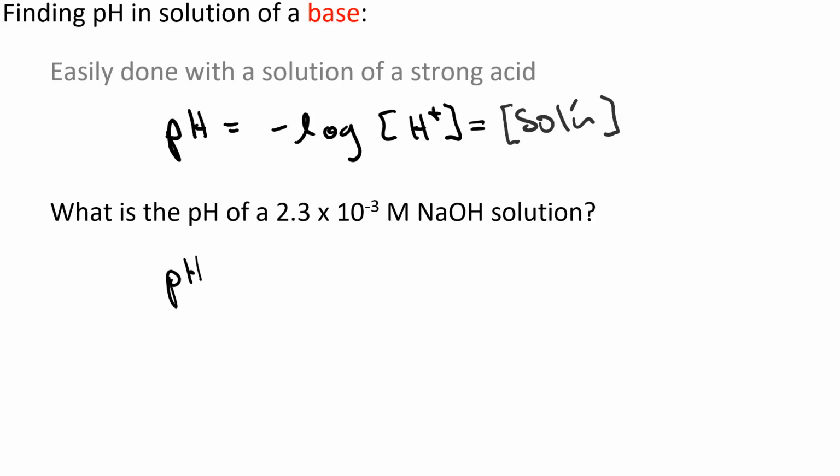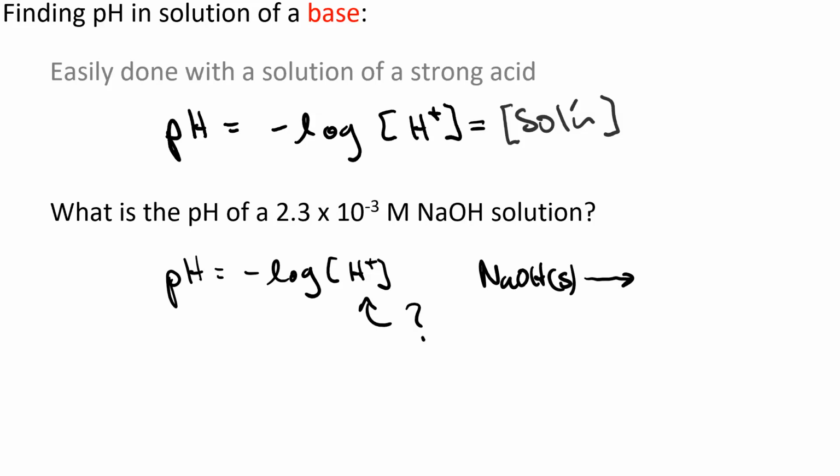Again, pH equals the negative log of the hydrogen ion concentration. But how do I figure that out? I know that I've got sodium hydroxide, and that is a very soluble ionic compound.